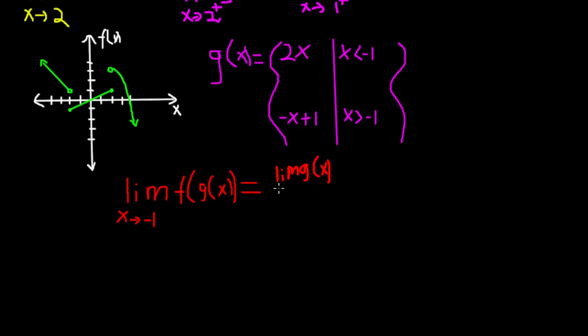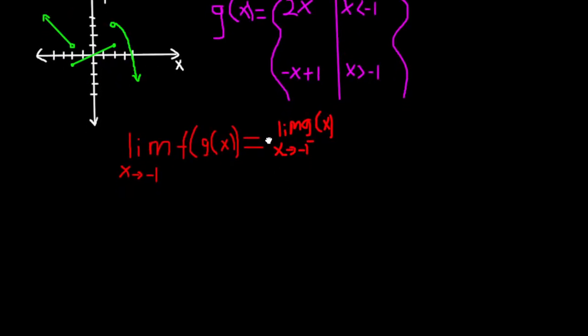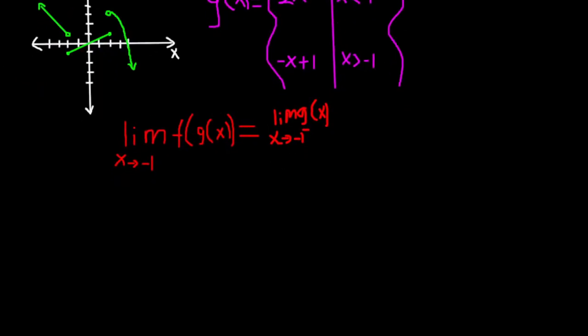So limit of g of x as x approaches negative 1 from the left. And we have our other color, limit of g of x as x approaches negative 1 from the right.